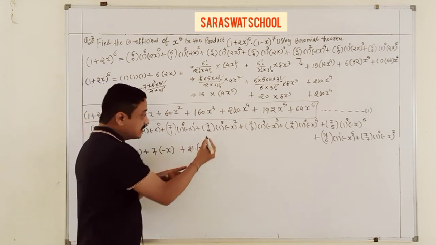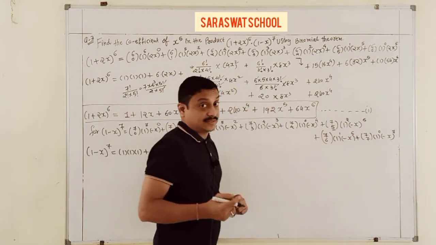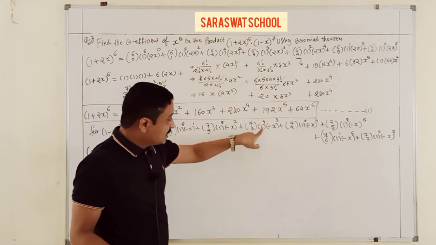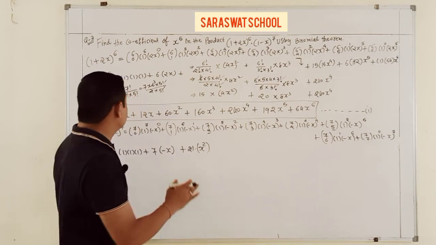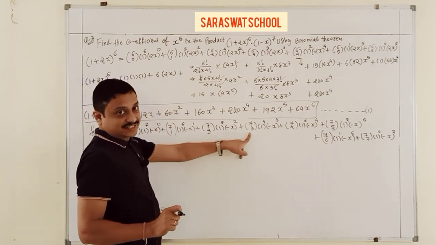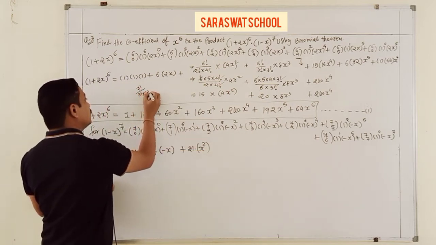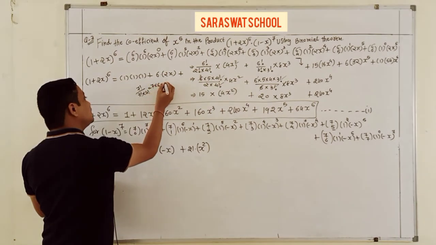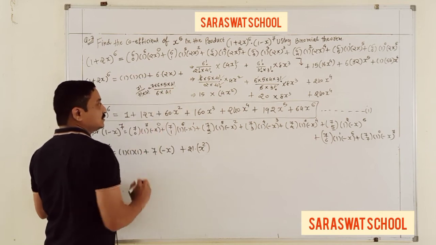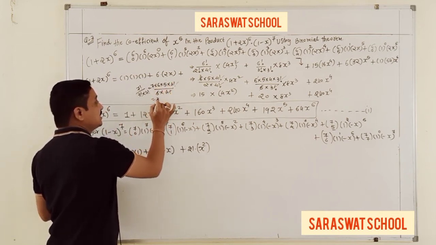But listen, 7C2 and 7C5 are the same, 21, so easily going. And 7C3 and 7C4 are also the same, students. So here our 21 is done. Now I go to 7C3: 7 factorial over 3 factorial and 4 factorial. 7, 6, 5, 4 stop, here 6 is 3 factorial, and 4 factorial cancels, it is 35.